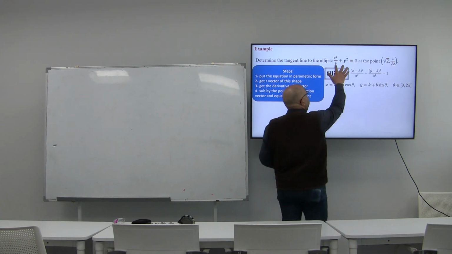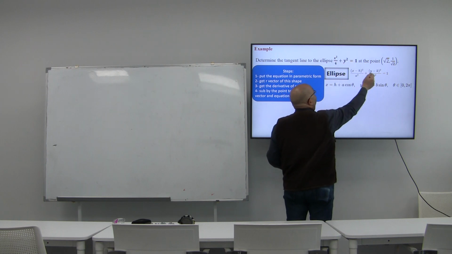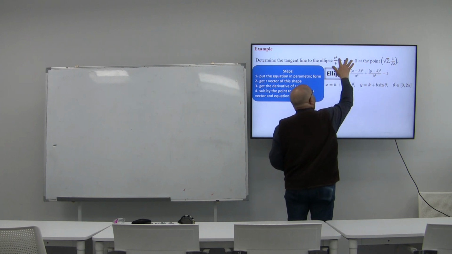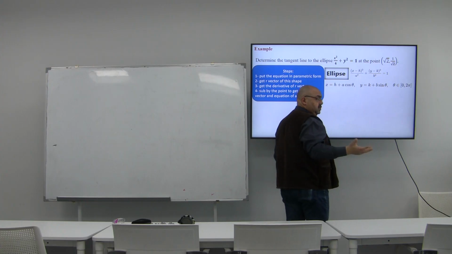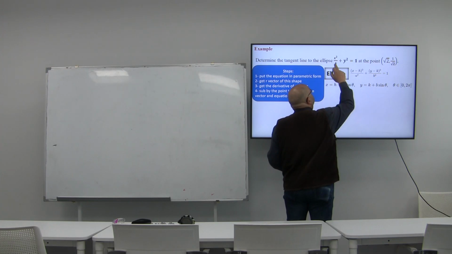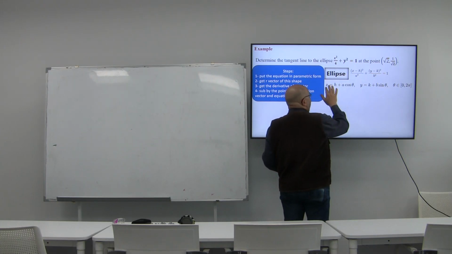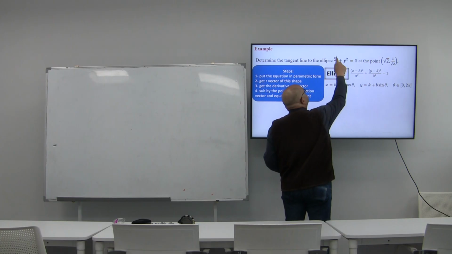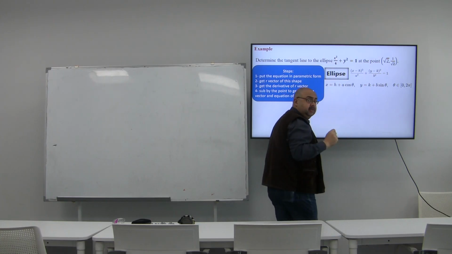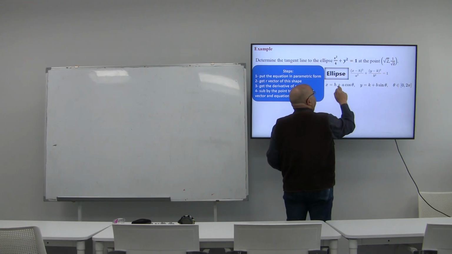For this ellipse in particular, you will discover that h and k, both coordinates of the center, are zeros. And for the semi-major and semi-minor axes, these are going to be 2 and 1. This is why if I want to write the x component, it's going to be 0 for the center, plus a, which is the square root of 4, which is going to be 2 cosine theta.